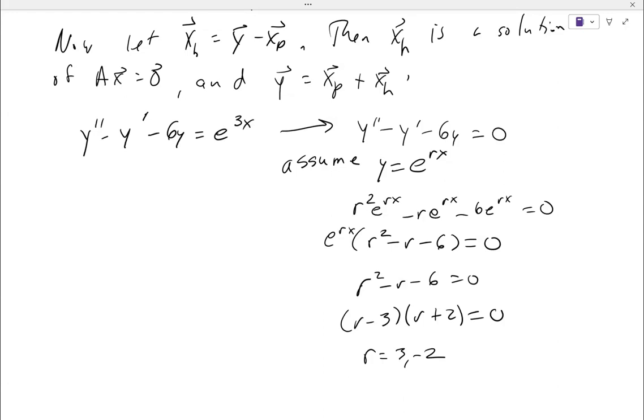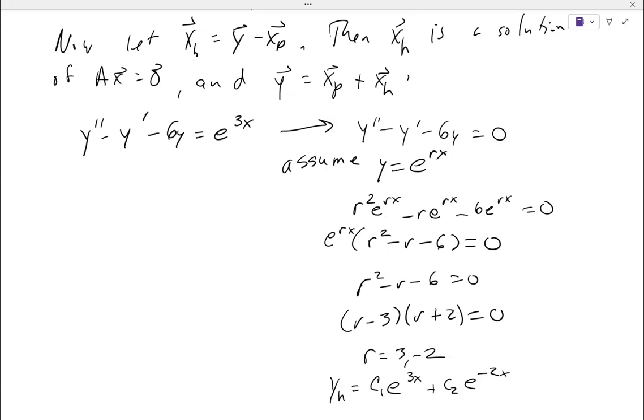So it gives you a couple of ideas. I know that e to the 3x would work, e to the minus 2x would work and give me 0. And if you do any linear combination of those two things, you also get 0. So it turns out here that your homogeneous solution looks like a constant times e to the 3x and then some other constant times e to the negative 2x.